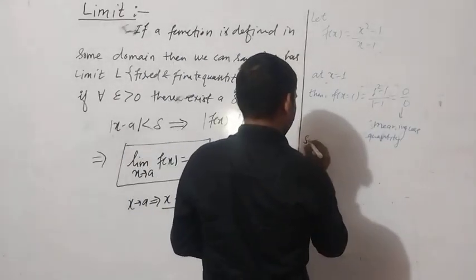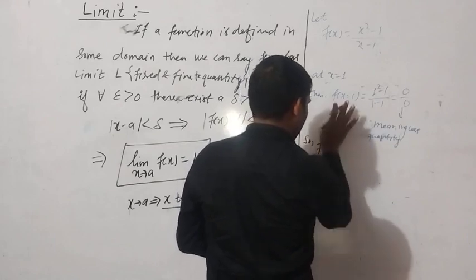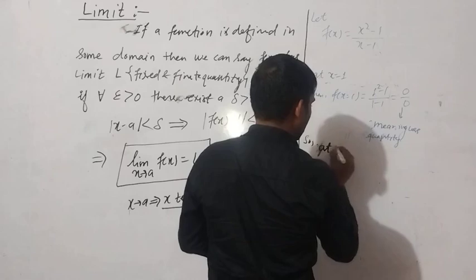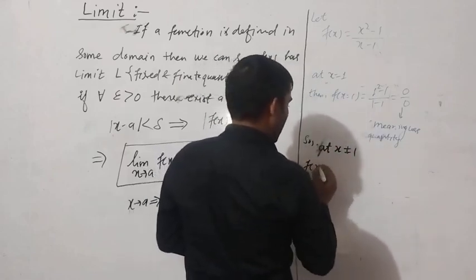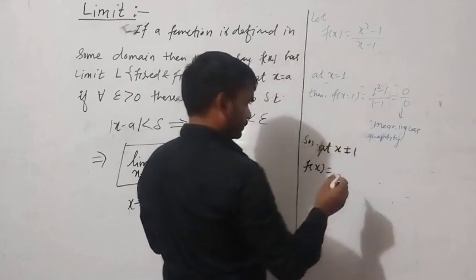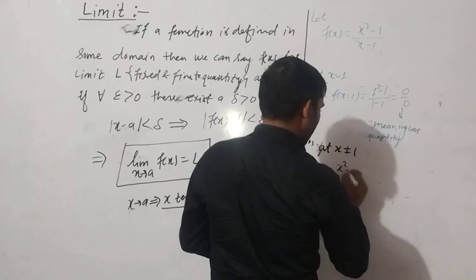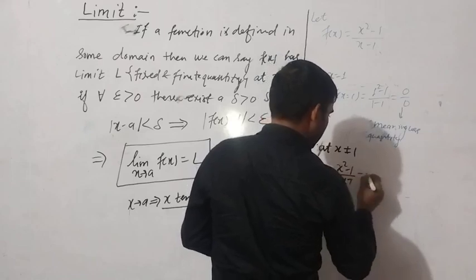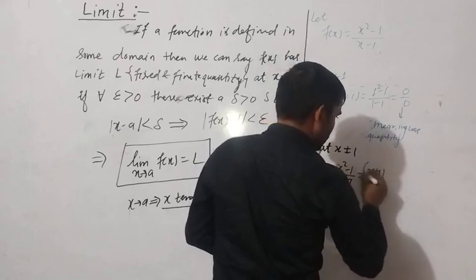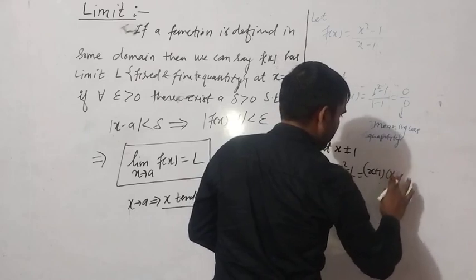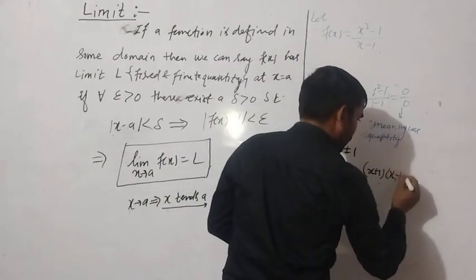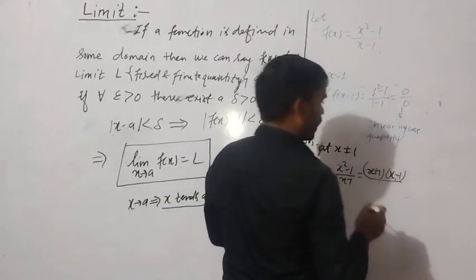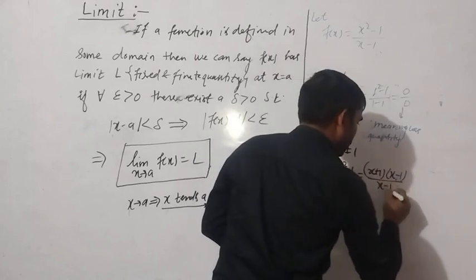So next thing, at x not equal to 1, we can say that f of x, we can write here x square minus 1 upon x minus 1. We can solve this, in the numerator this is a square minus b square, then we can write it as one bracket x plus 1, in another bracket x minus 1, and in the denominator x minus 1.